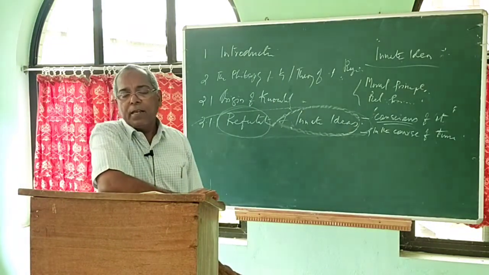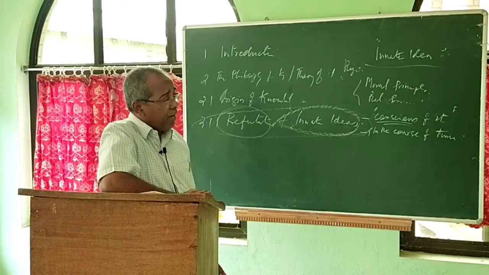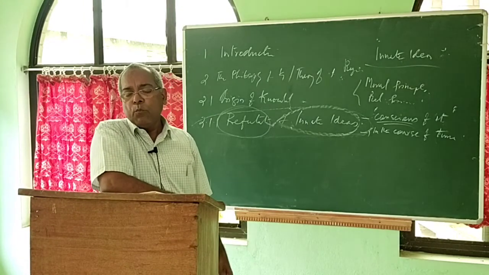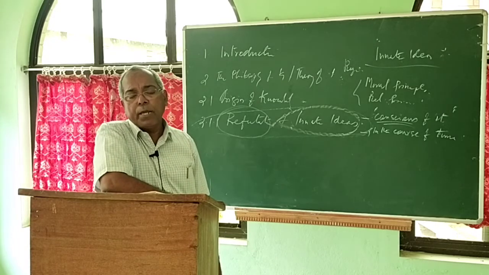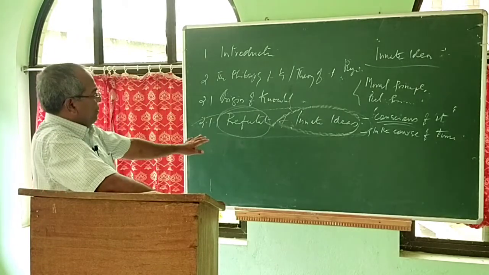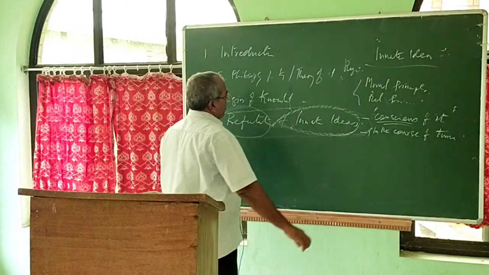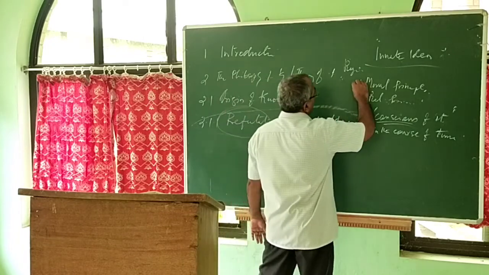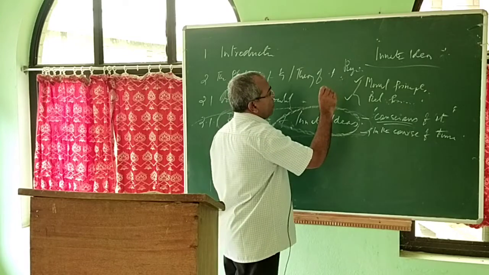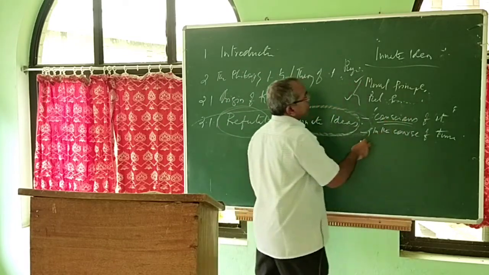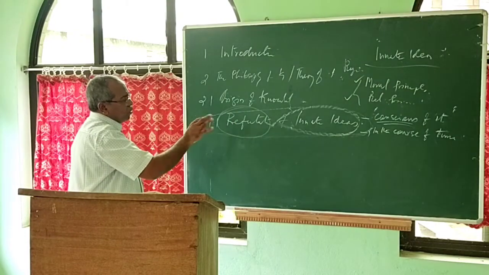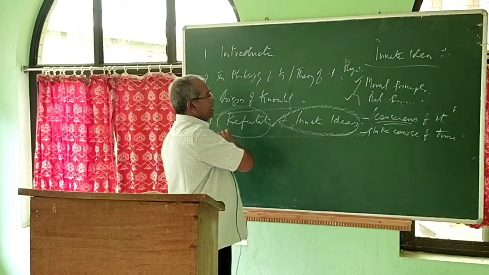Innate ideas are that which the mind simply finds in itself, as distinguished from those ideas which it receives from outside or those which it creates within itself. And this refutation is also extended to morality and religious life. In other words, moral principles and religious principles are also not innate. That is also rejected by John Locke.